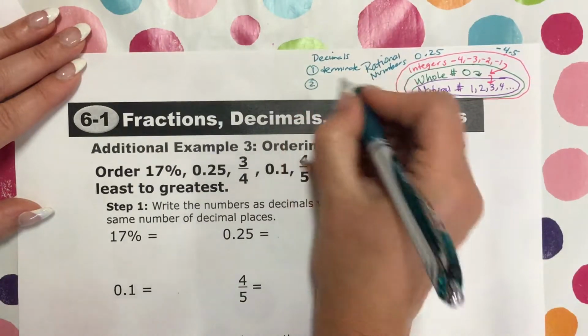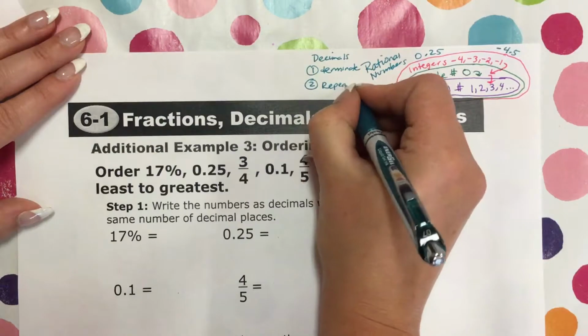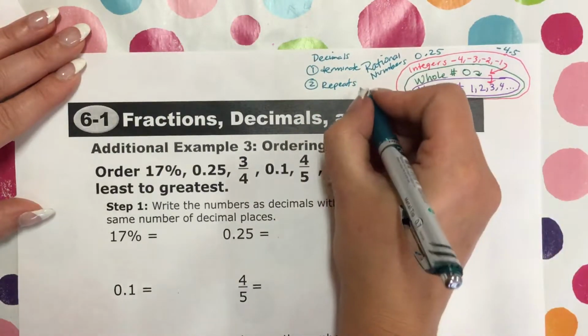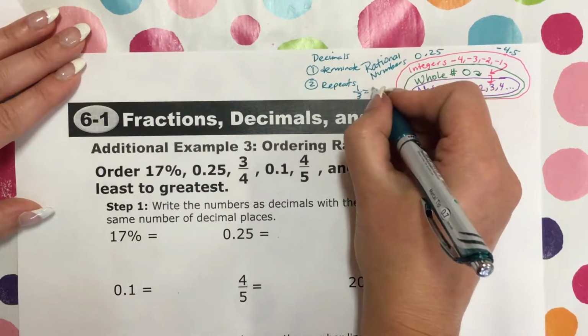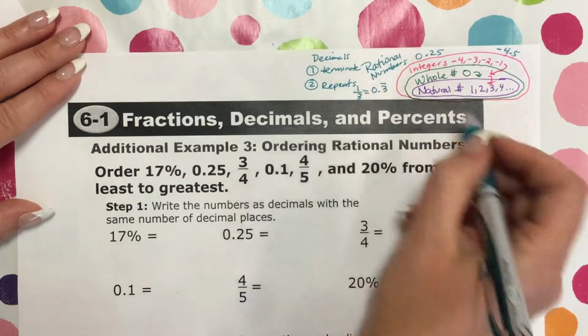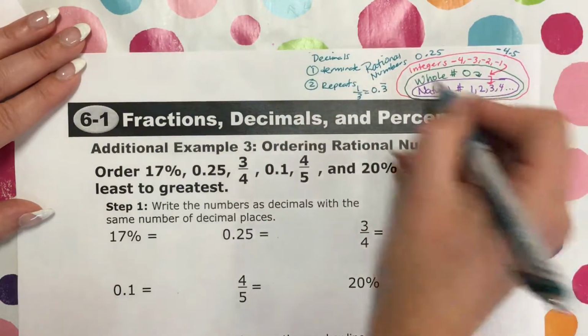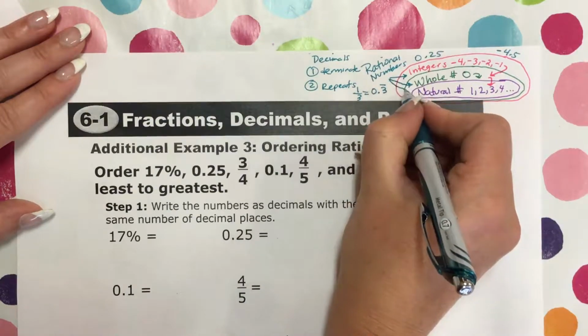Or it can be a fraction that when written as a decimal, it repeats. So something like if we had 1/3 and we convert that to a decimal, we get 0.33333333, and so it's repeating. Rational numbers are also integers, whole numbers, and natural numbers.